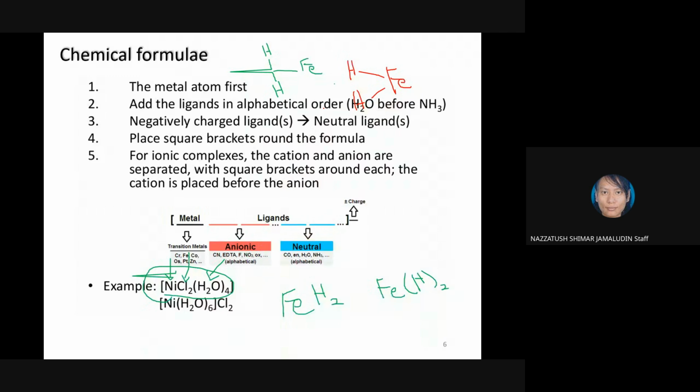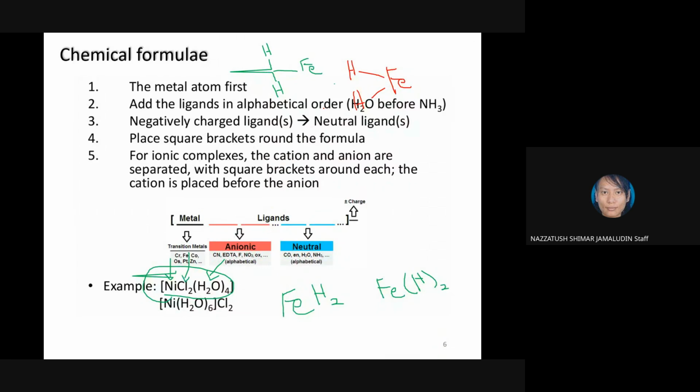Hydrogen in the first compound is a molecule, H2, whereas hydrogen in the soft bracket is a hydride. That's why the coordination number remains 2. It's just that the type of ligand that coordinates is different. One coordinates with iron in the form of a neutral hydrogen molecule.